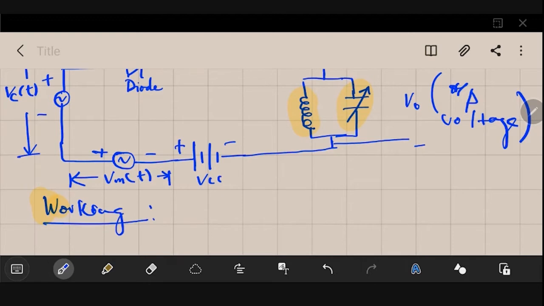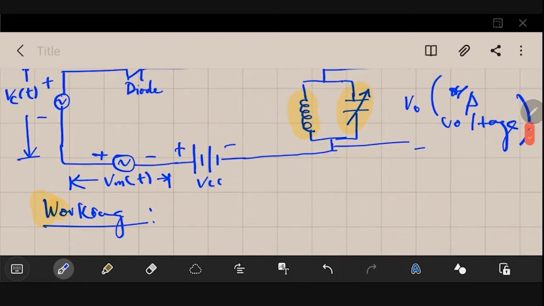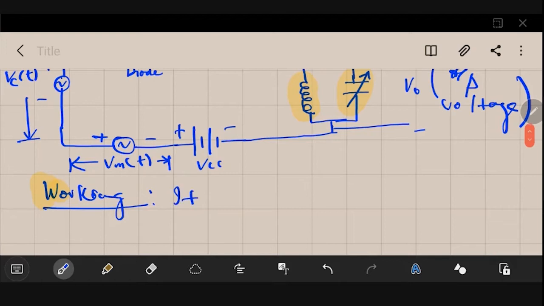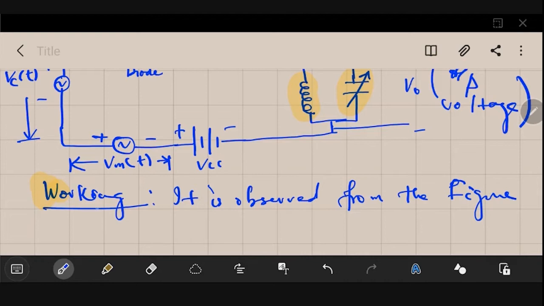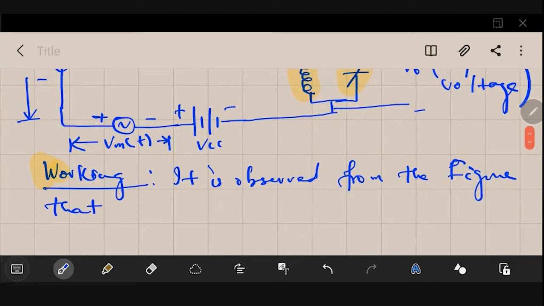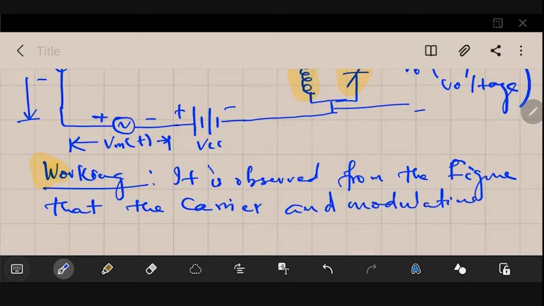Working: as you could see in the figure, it is observed from the figure that the carrier and modulating signals are applied across the diode.